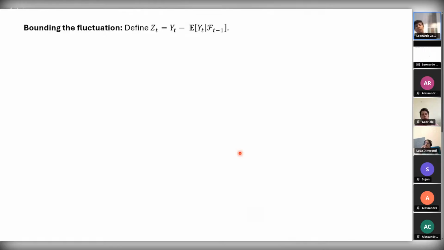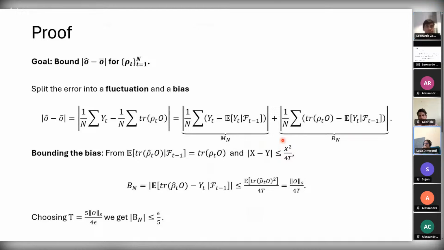Now, sorry, for the fluctuation, can you go back to the slide still? Yes, of course. Sorry. So this norm of O is the what, shadow norm or operator norm? This norm? Yes. This is the shadow norm. So the truncation parameter depends on the shadow norm. Because if it was an operator norm, the maximum value of the estimator is this norm, right? Now, if it's the shadow one, I'm not sure, to be honest. Maybe it's different.